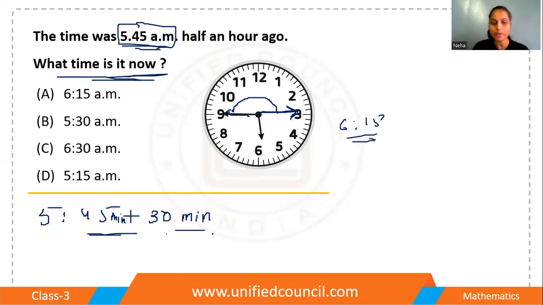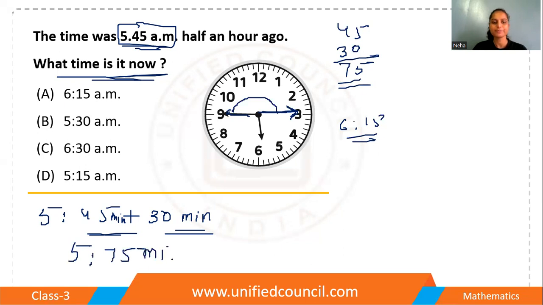So minute you have to add the unit, right? The same unit you can add or subtract or multiply or divide with the same unit. Yeah. So 45 plus 30 is what? 45 plus 30. 75 minutes, right? So this is 5:75 minutes. Okay.